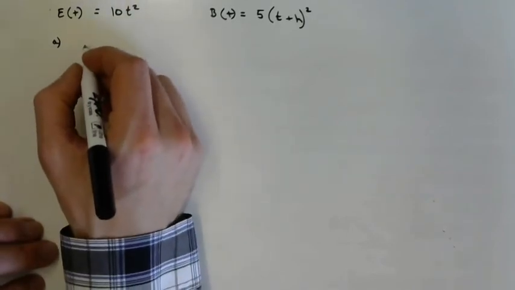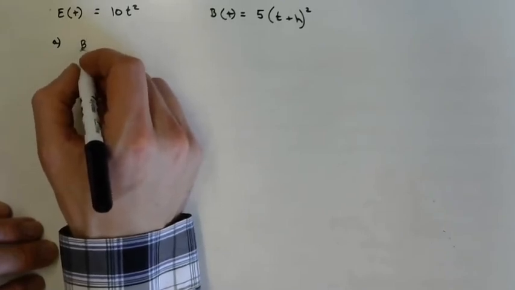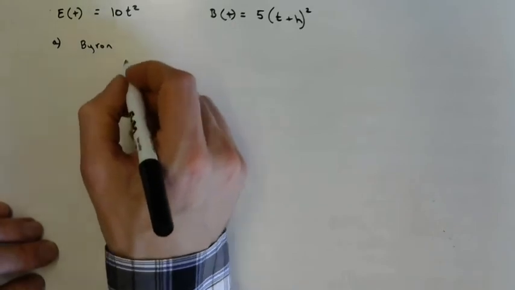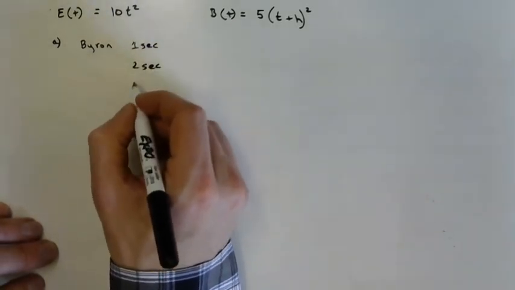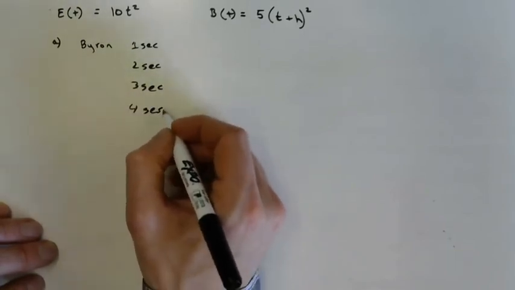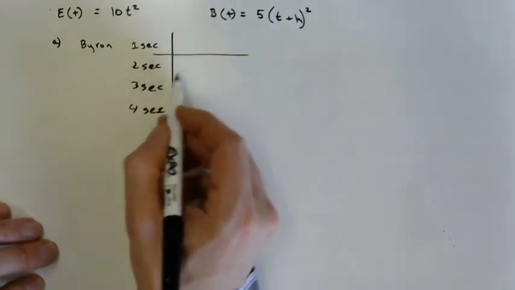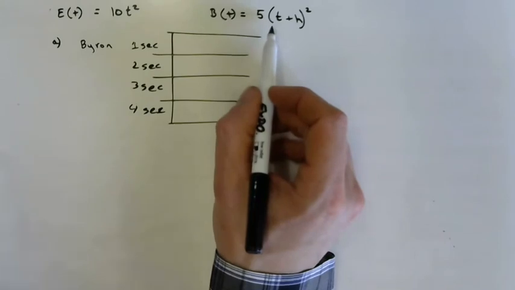And then we're going to have Byron with a head start. Okay, so we're going to graph Byron, and you have a little chart there with a 1 second, 2 second, 3 second, 4 second head start. So what happens to his equation then that represents his driving? You just add the amount of seconds. Just put that in there, okay?